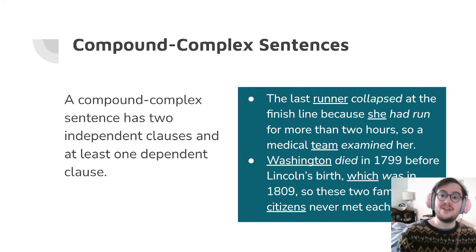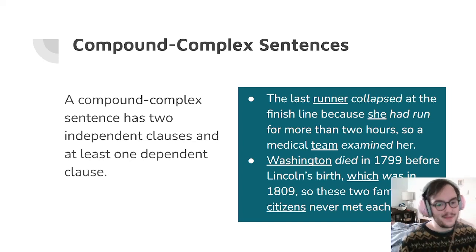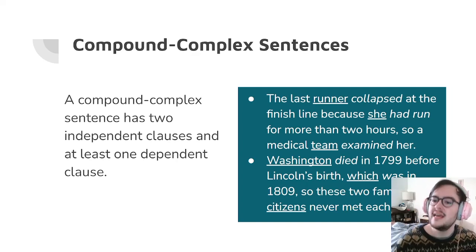Now, how about compound complex sentences? A compound complex sentence has two independent clauses and at least one dependent clause. The last runner collapsed at the finish line because she had run for more than 2 hours, so a medical team examined her. That's a long sentence.